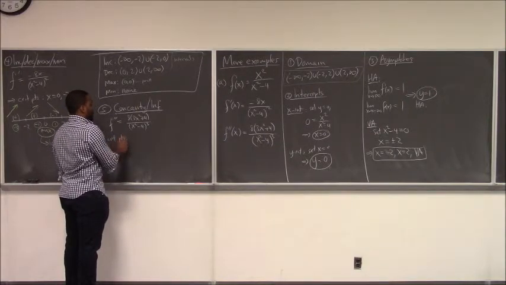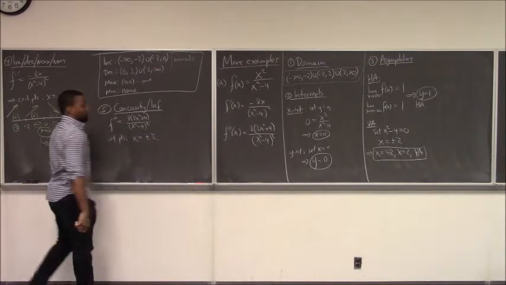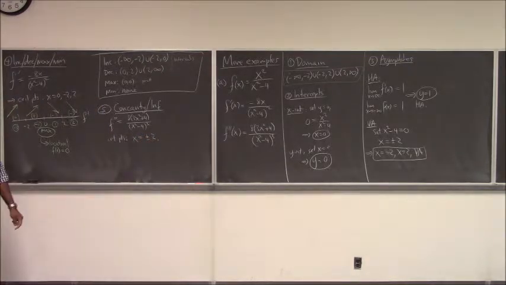Find the critical points of that. That's going to be x equals plus or minus 2. So that's never 0 because the numerator is never 0. The numerator is always a positive number. So the denominator equals 0 is where the critical points are going to happen. That's where your function is undefined. This happens at plus or minus 2.